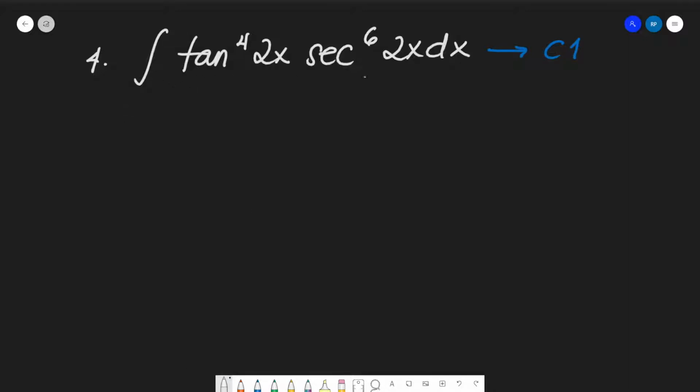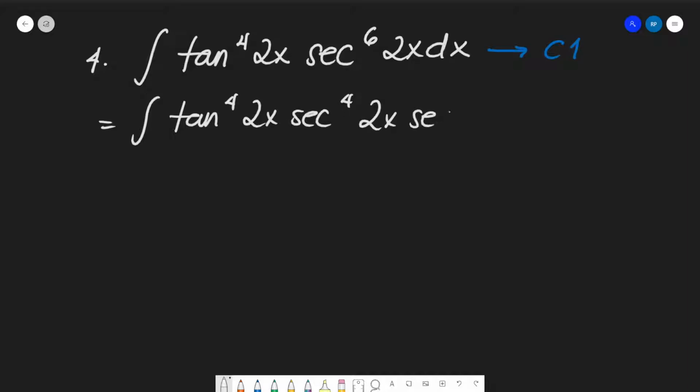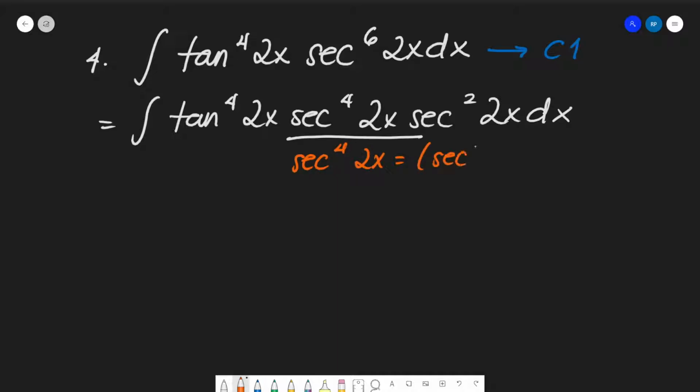So, substitute, magbawas tayo ng secant squared. We have the integral of tangent to the fourth of 2x secant to the fourth of 2x secant squared 2x dx. Remember, secant to the fourth of 2x is equivalent to secant squared 2x, quantity squared.